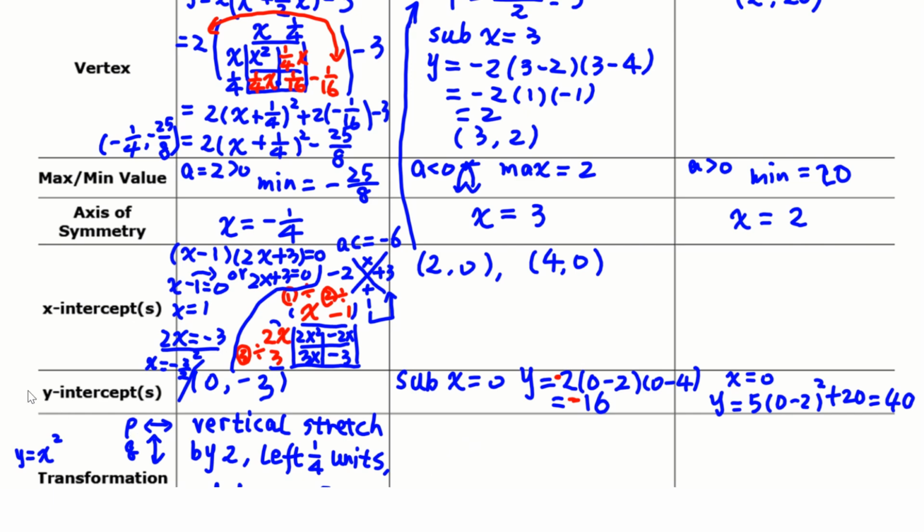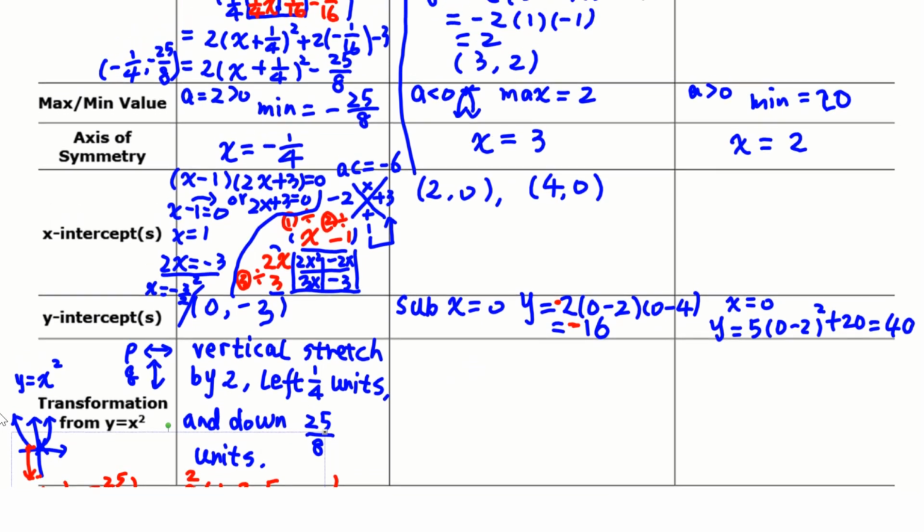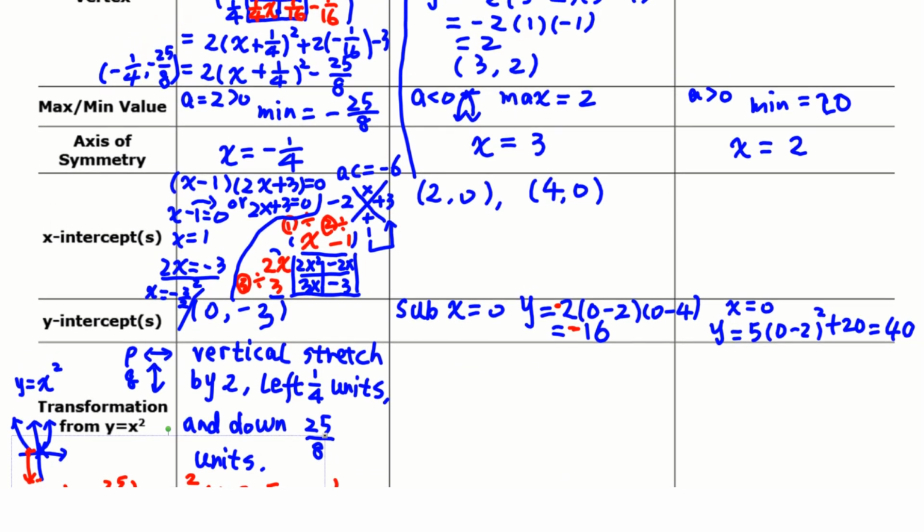Then we are going to see the transformation. From the vertex, we have 3, 2. So a equals negative 2, p equals 3, q equals 2. Then a is negative, so it will be reflected.